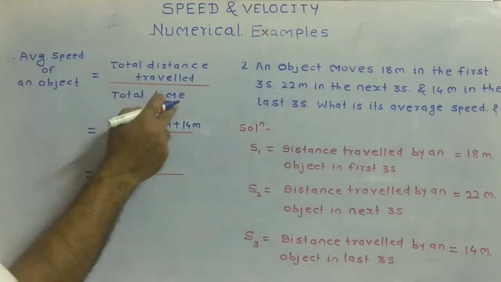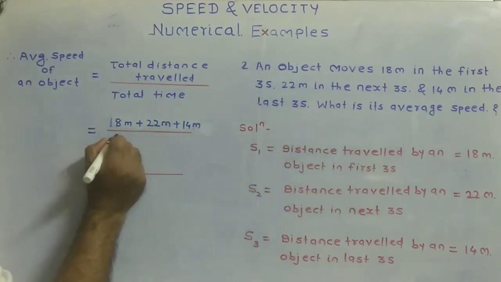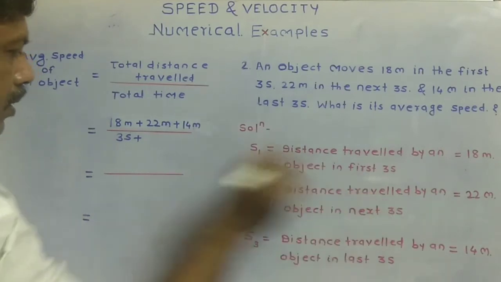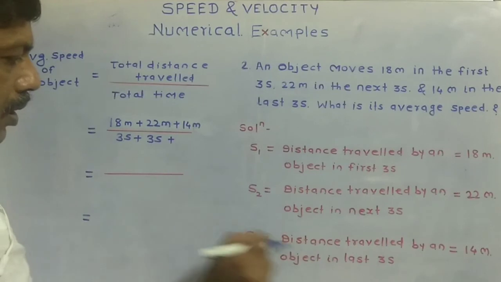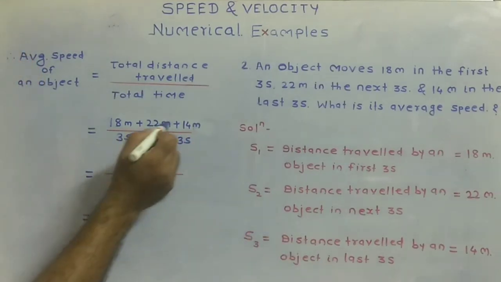Now the total time taken, that will be equal to S1 takes how many seconds? 3 seconds plus S2 takes how many seconds? 3 seconds. Then S3 takes how many seconds? 3 seconds. Now we can easily calculate it.